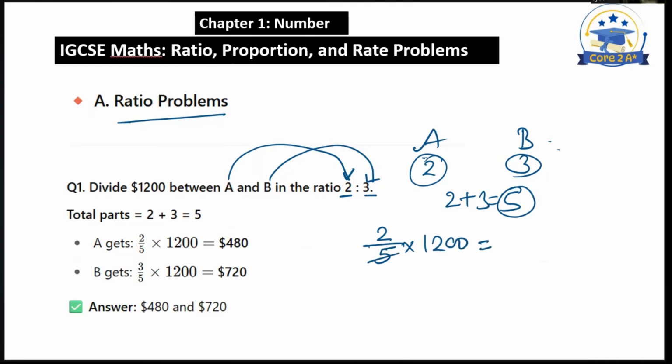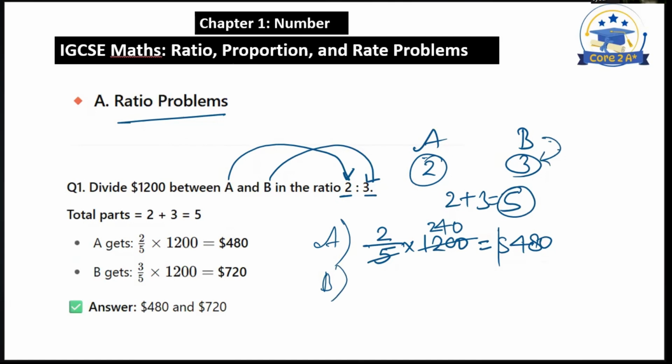After cancellation, 5 twos are 10, 4 times and then 0. After multiplication, you will be getting $480, right? So A has $480.